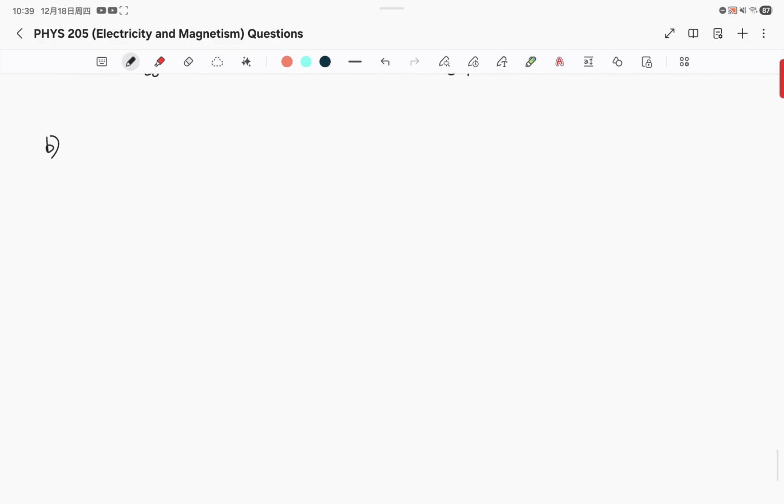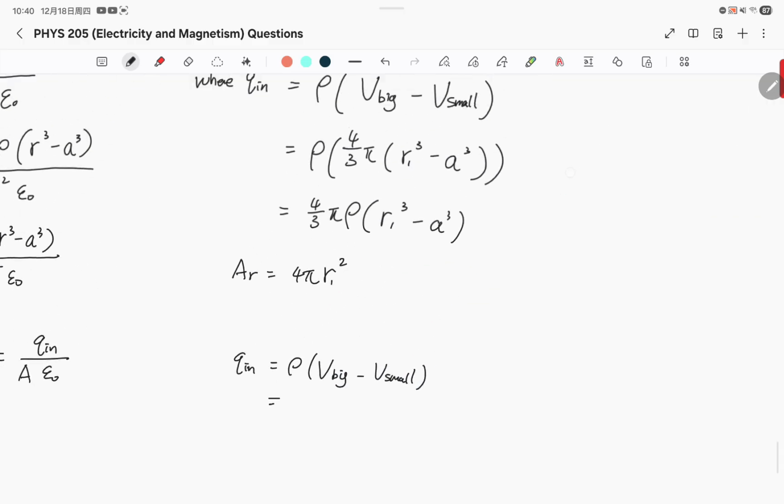Same thing, E is equal to Q enclosed over A epsilon naught. Q enclosed is equal to rho times the volume difference, V big minus V small. Let's look at what V big and V small are.